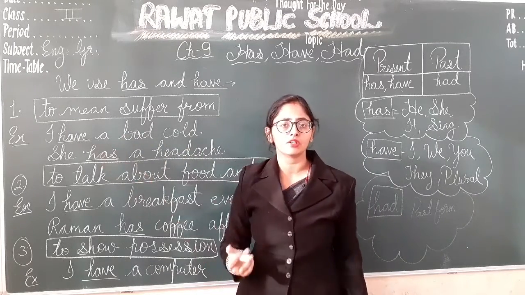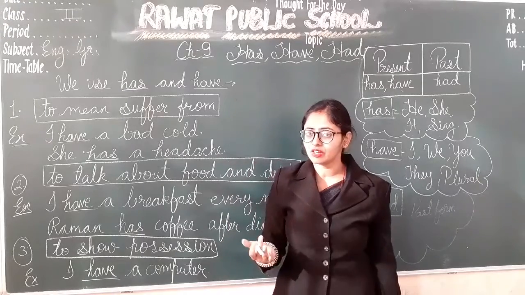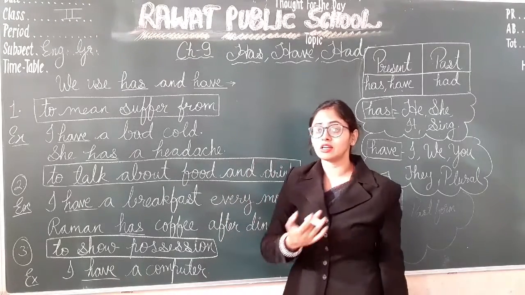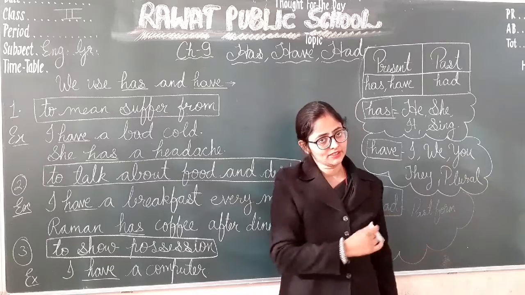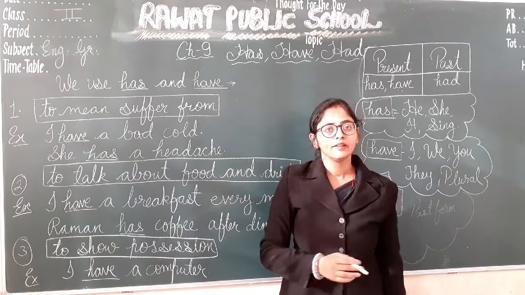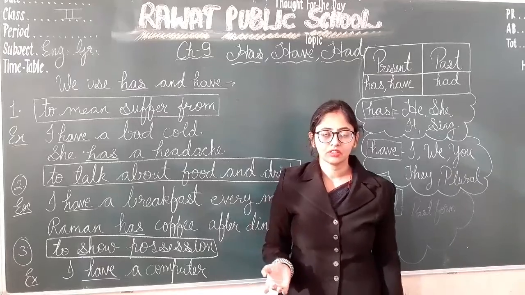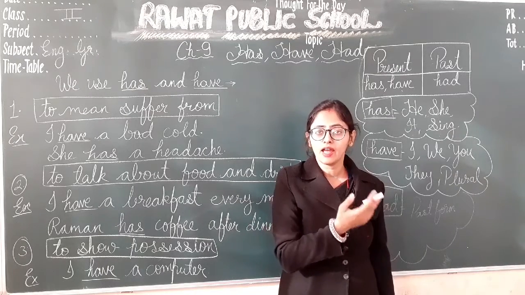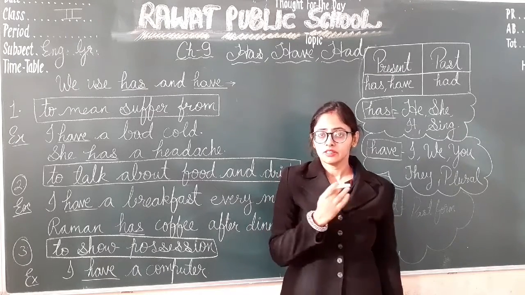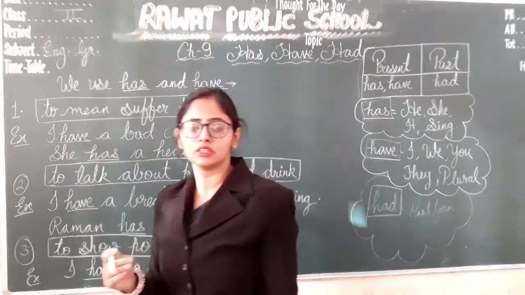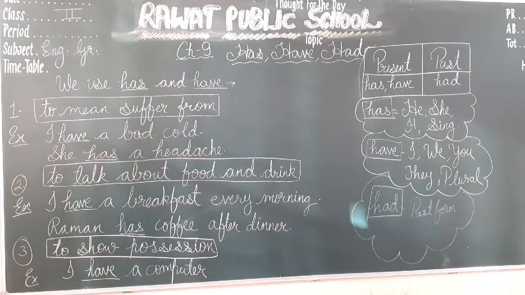I have a bad cold. I have a fever. आप बोल सकते हैं I have a fever. She has a fever like this. Understand? He has a fever or Rahul has a fever. They have some disease. Like this we are using all the uses of has and have.